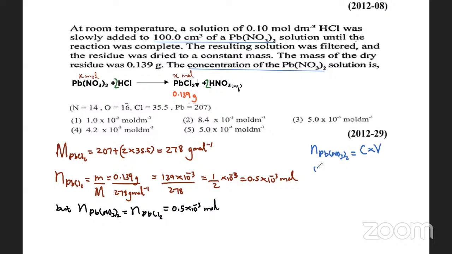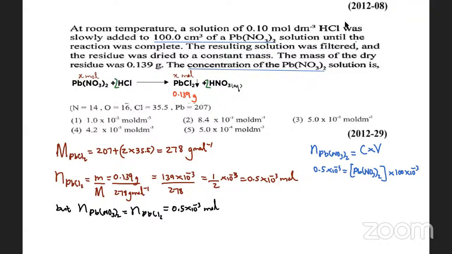The number of moles is 0.5 into 10 to the power minus 3, and concentration is what we are supposed to find. The volume is 100 centimeter cube, so 100 into 10 to the power minus 3. That's it.